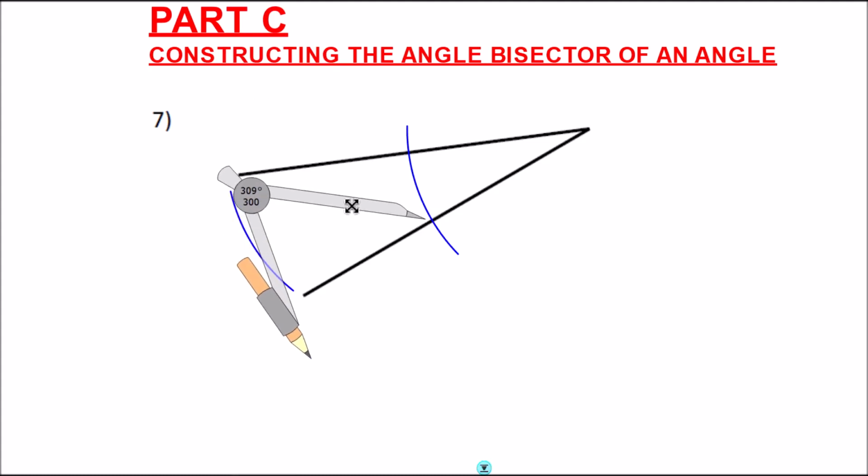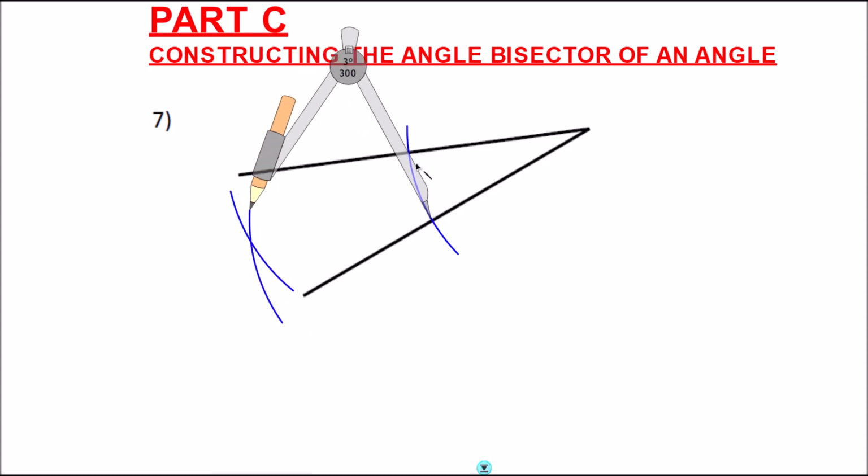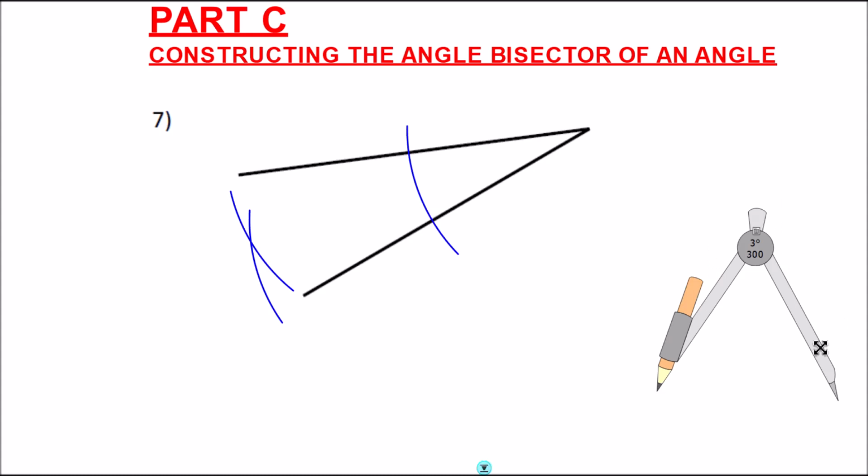Switch over to the other side, and do the same from the other side of the angle, going inwards. Always keeping the compass width the same. Then where they've crossed, do a straight line from where the angle begins with a ruler, through the crossing part, and yet again we've bisected the angle for question 7.